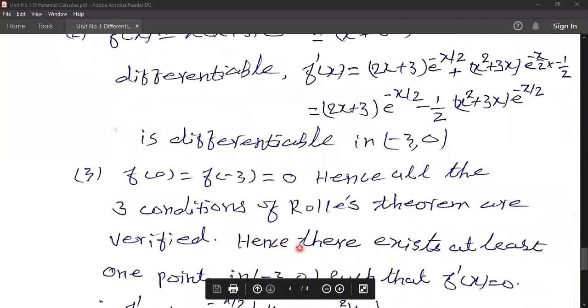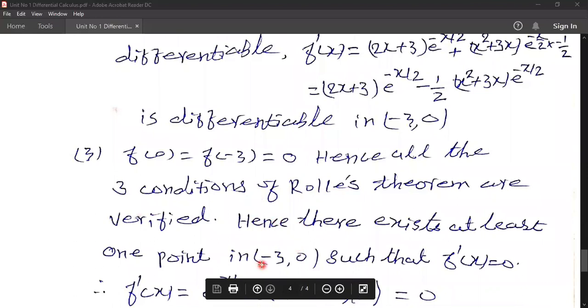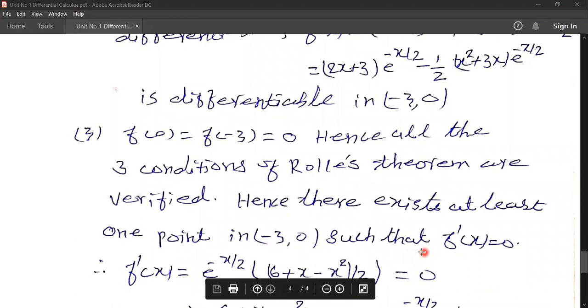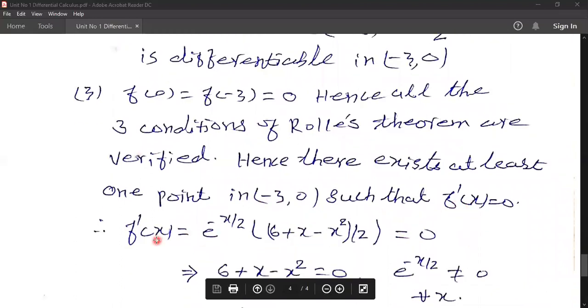Hence, there exists at least one point in the open interval minus 3, 0 such that f dash of x is equal to 0. So f dash of x is equal to e to the power minus x by 2, then into bracket 6 plus x minus x squared upon 2, when you simplify.